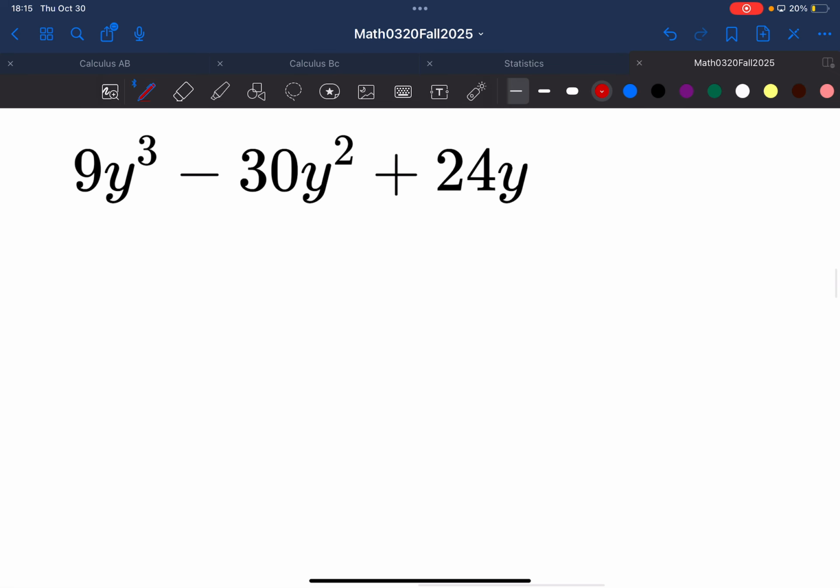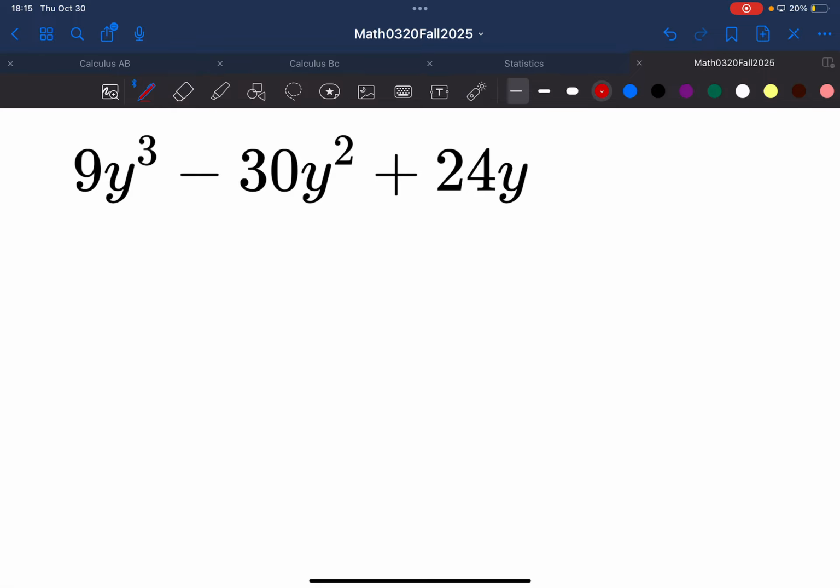Okay, go ahead and take a minute and try this one. It's going to be like the one we just did, which means you need to take out a GCF first. Question real quick.